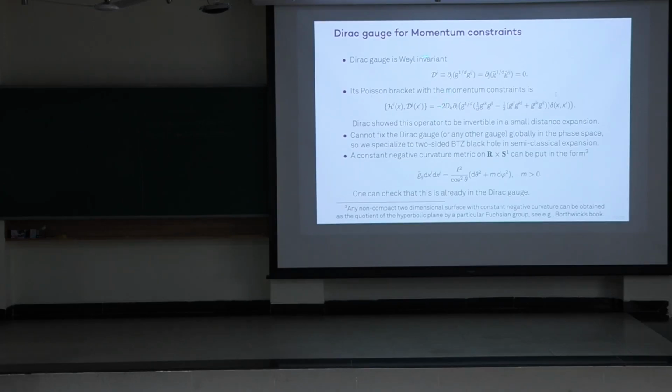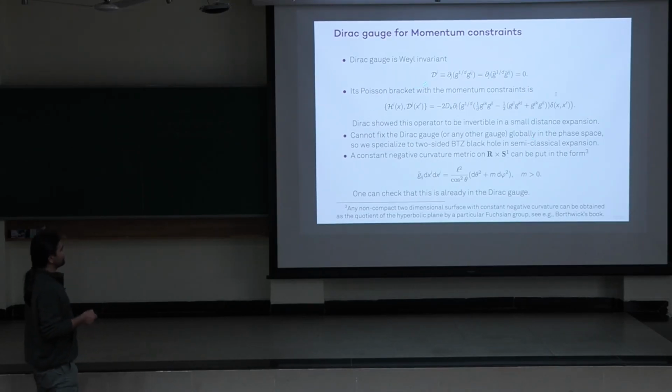Now the Dirac gauge is given by the following condition. Now we are interested in momentum constraints. This is the Dirac gauge condition. It's Weyl invariant, which means I can fix the gauge for any point on the Weyl orbit. That's good enough.